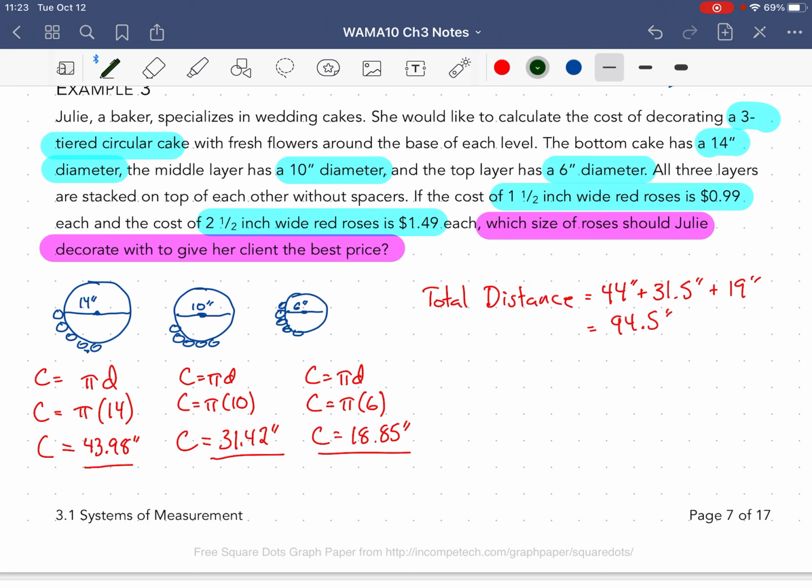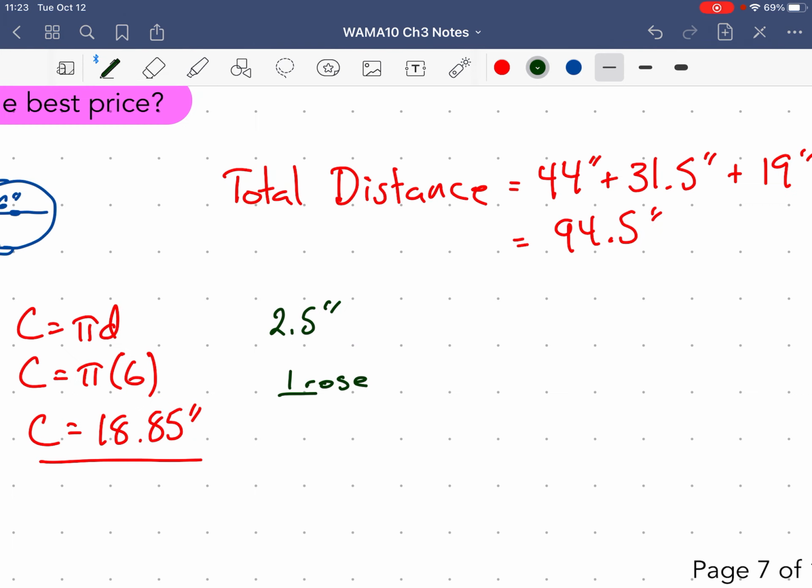Now, for the 2.5 inch roses. So one rose takes up 2.5 inches. So how many roses will take up 94.5 inches?